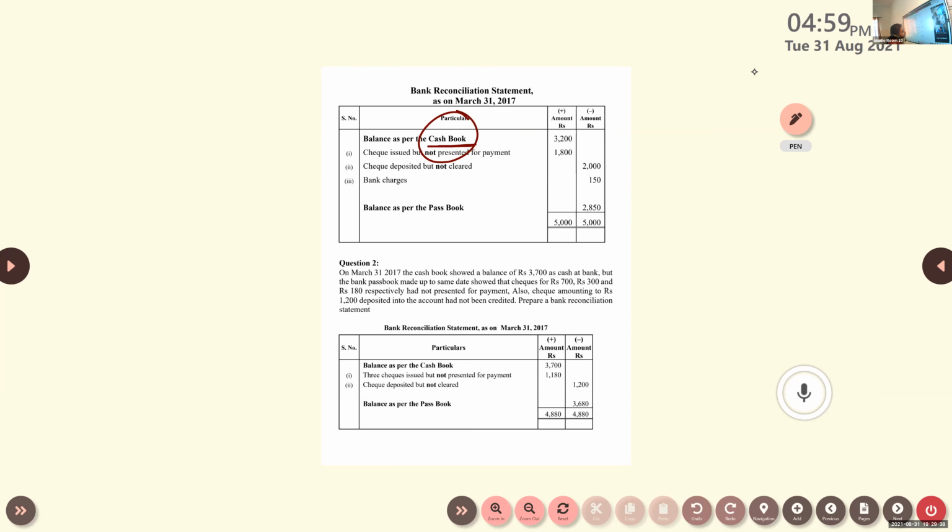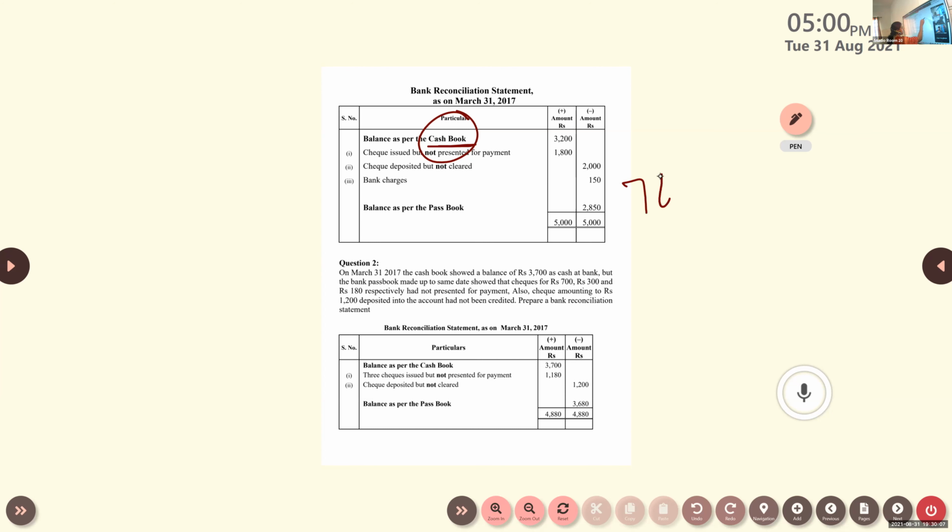Keep this in your mind, we are talking about the double column cash book, and the balance we are talking about is the bank balance.